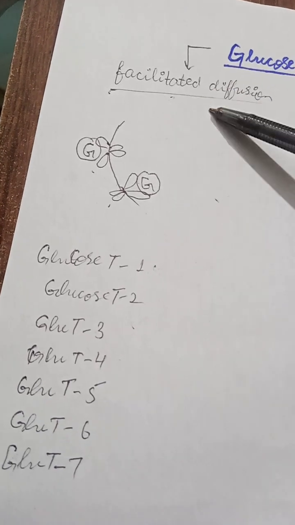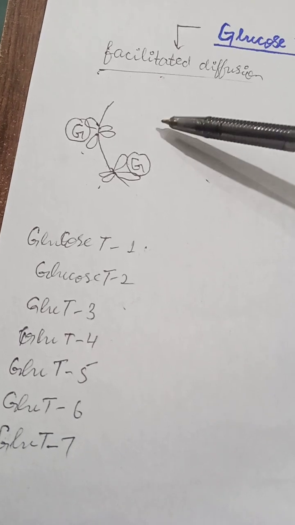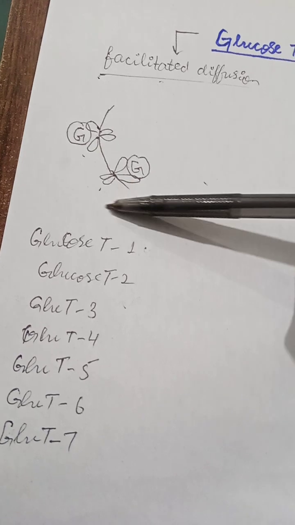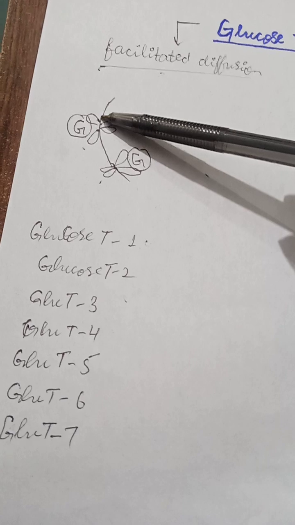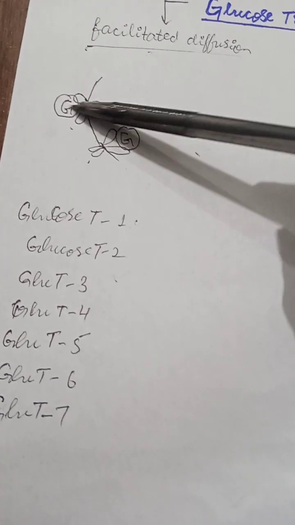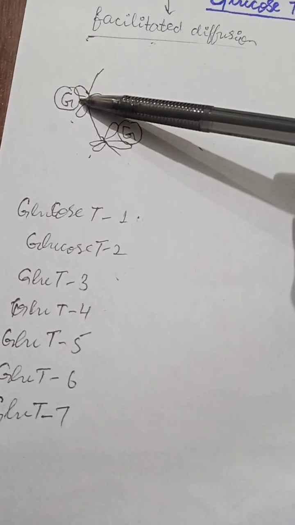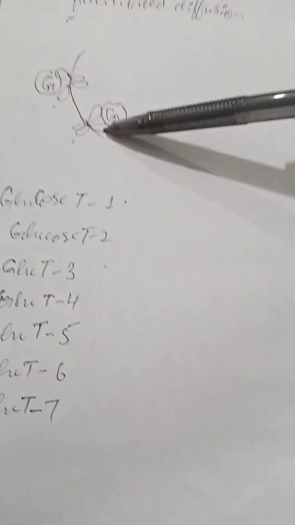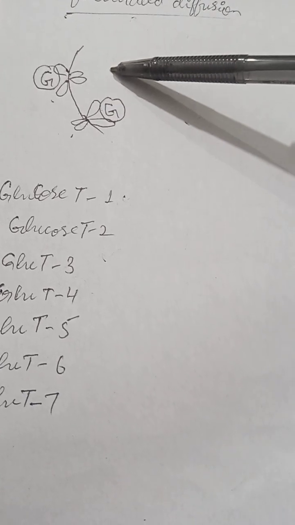These proteins are formed by the cell, and they are just attached to the cell membrane. They have their path outside and inside also. When glucose comes, the outside part becomes open and it grabs the glucose and takes the glucose inside.